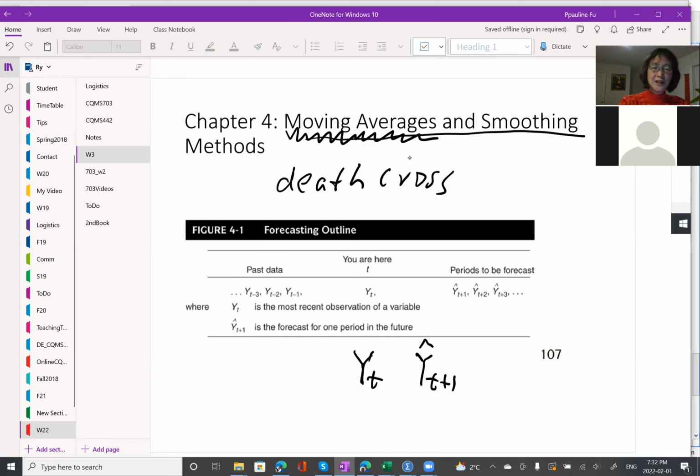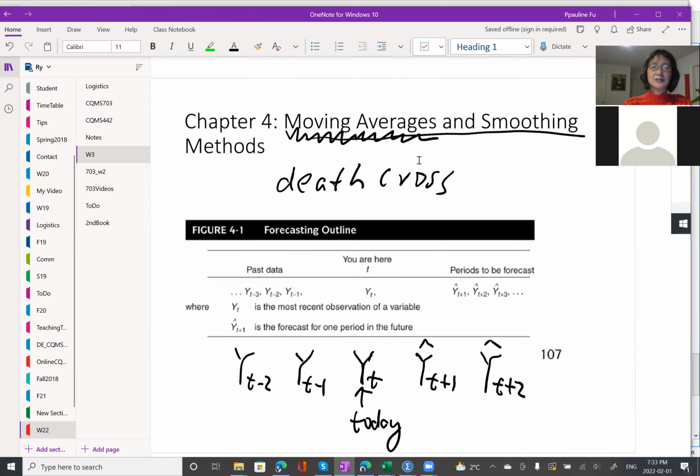And the data from yesterday, we use T-1. If you are here, this is today. And the day before yesterday, we use T-2. And the day after tomorrow, we use T+2 hat. So those are the notation.